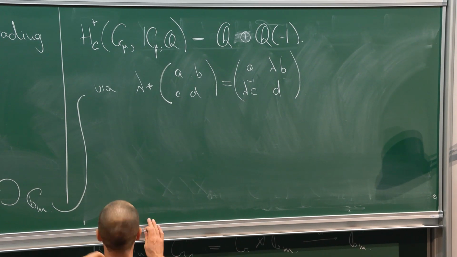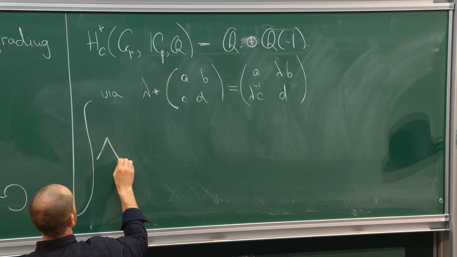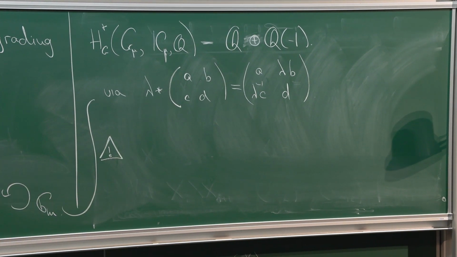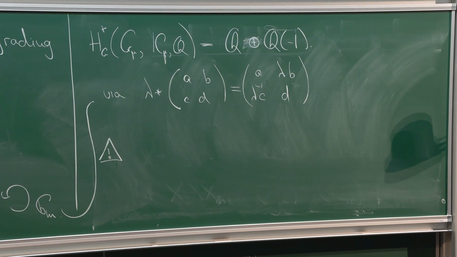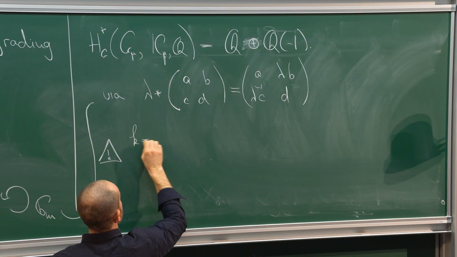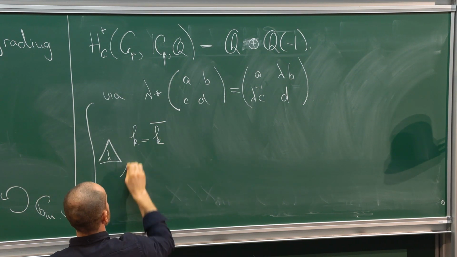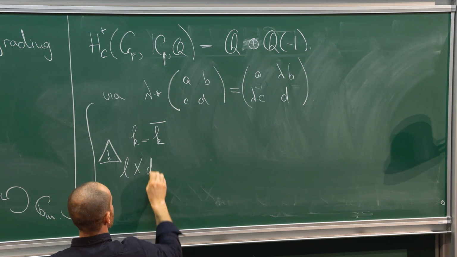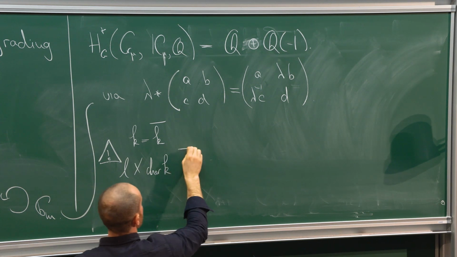Okay. And let me give a slight warning. Let's say we're in a classical setting where we are over an algebraically closed field k, and maybe we have some l not dividing the characteristic of k.